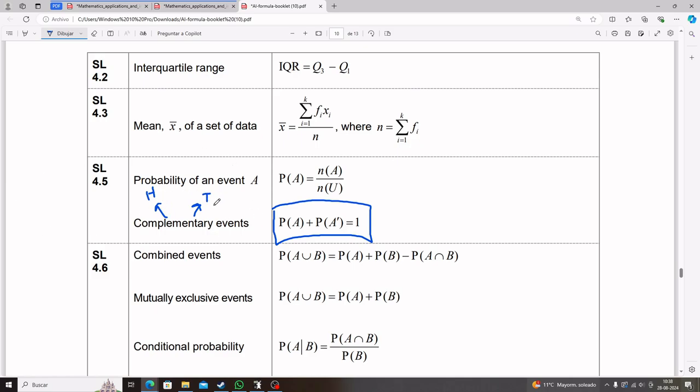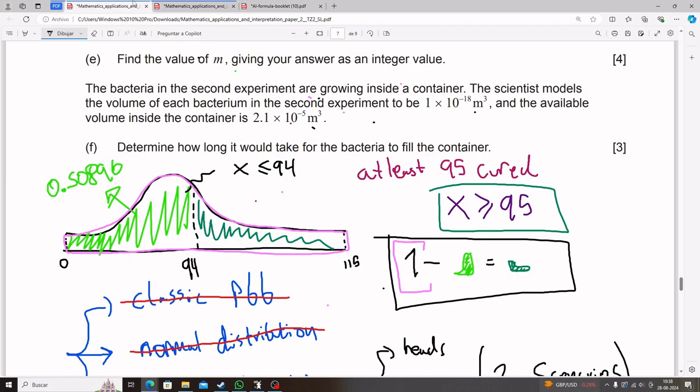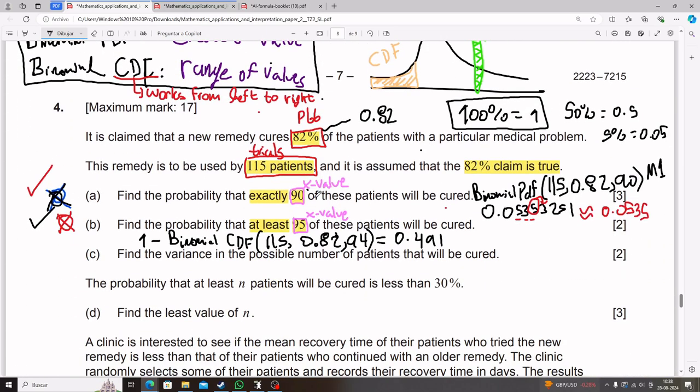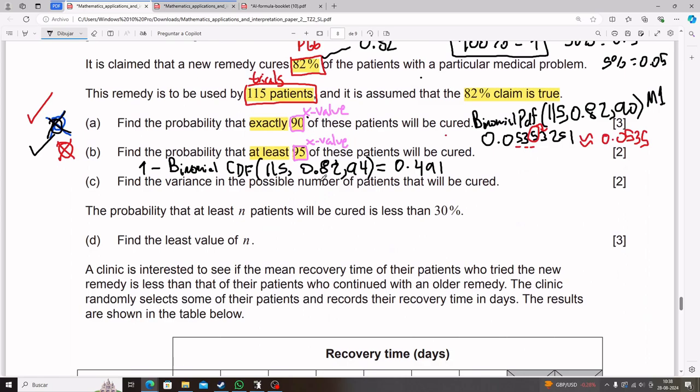And so those two probabilities added together have to equal 100%. And the same happens over here. ¿Cierto? Either the remedy works or it doesn't work. Either you have this side to the left of your distribution or this side to the right of your distribution. That whole distribution has to add up to 100%. ¿Vale? So, enough blah blah. That is for part B.